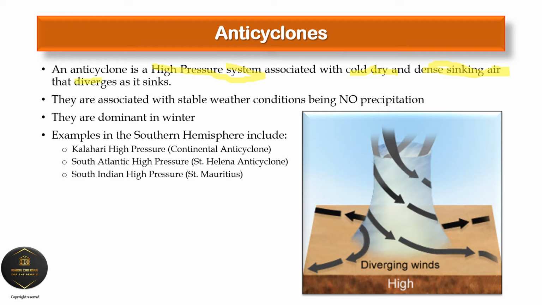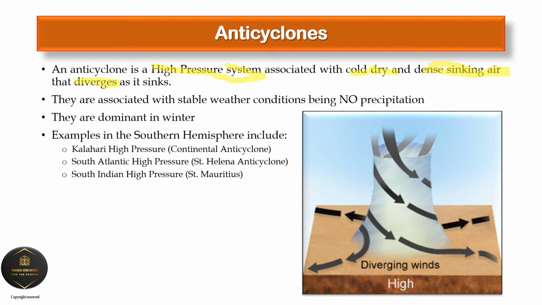And why does it diverge? It's because high pressure systems have an open circulatory system, and hence air always flows out of the system with an anticyclone.